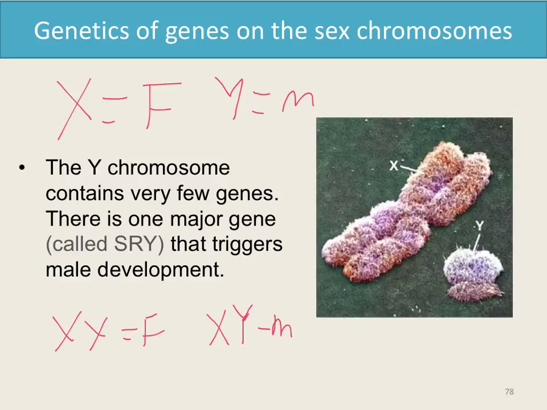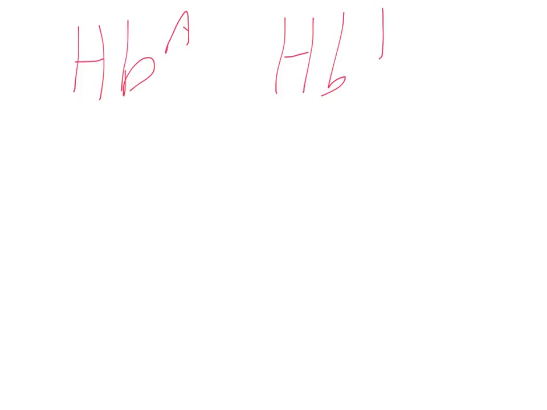With autosomal somatic cell mutations, if there's a mutation in one chromosome, like let's say HBA, okay, let's look at HBA again. Okay, so these are autosomes or somatic cells, both individuals, has nothing to do with sex.